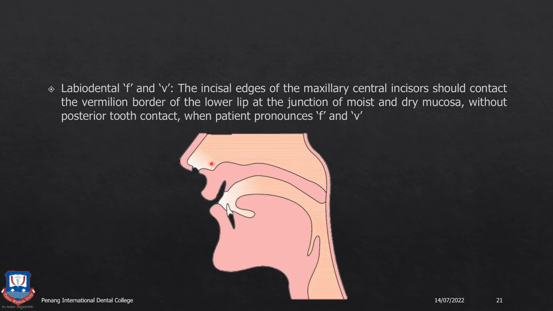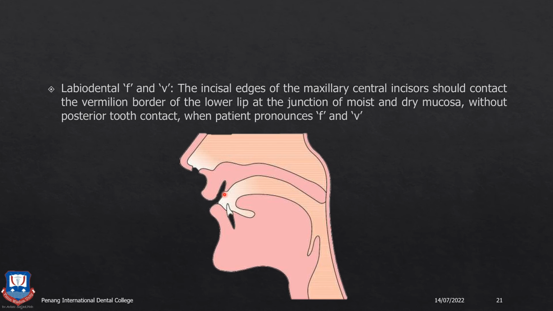Then you have to check for labiodental sound. As I told you, labiodental sounds are sounds which are made by the contact of the maxillary teeth with the lower lip, the vermilion border of the lower lip. So if a patient says words which include F or V, like fly or vault, any words which have F or V in them, you need to verify whether the patient is able to pronounce these words properly.